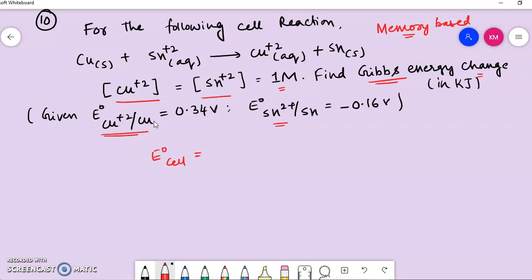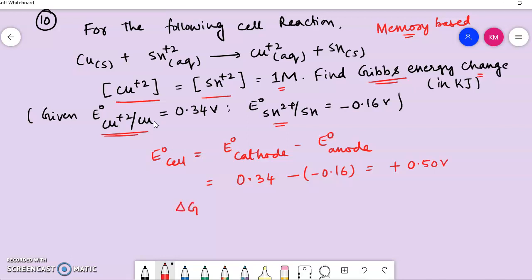E0 cell will be equal to E0 cathode minus E0 anode. E0 cathode minus E0 anode. So E0 cathode, the reduction potential value for copper is 0.34 minus of minus 0.16, which gives you 0.50 volts.